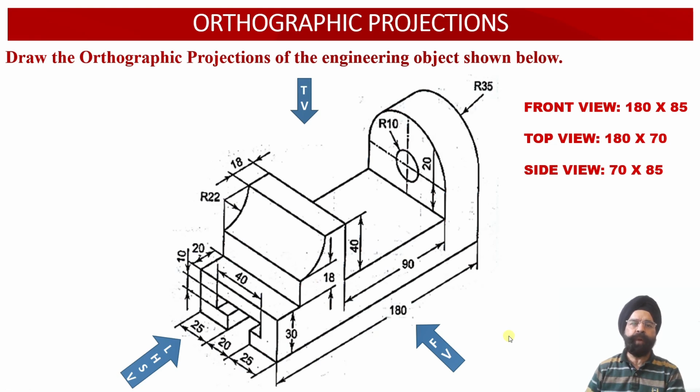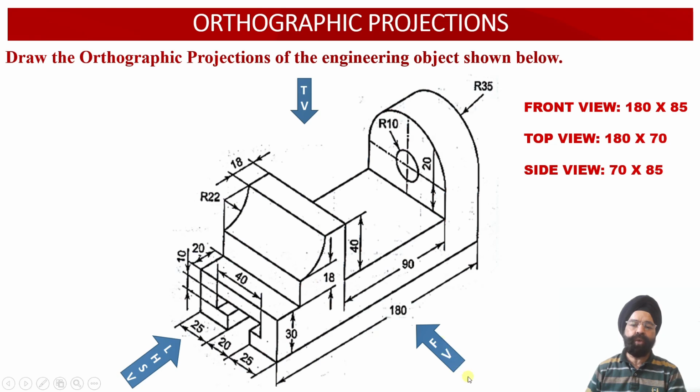Using the information available through this projection, we are required to obtain the front view, the top view and the left hand side view orthographic projections of the solid. So in order to determine the orthographic projections of the solid, we are required to obtain the dimensions of the front view face, the top view face and the left hand side view face corresponding to the solid.